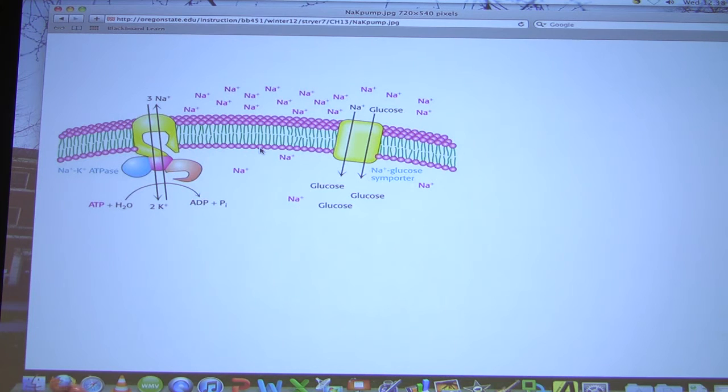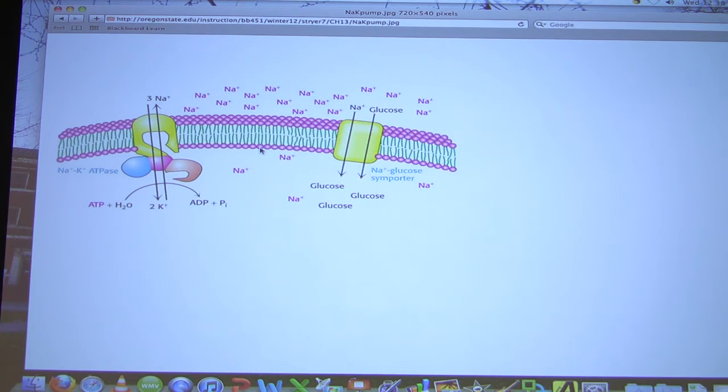Those cells can use a sodium gradient as their energy source to bring in glucose. So a concentration gradient can actually be an energy source for a transporter, for an active transporter.